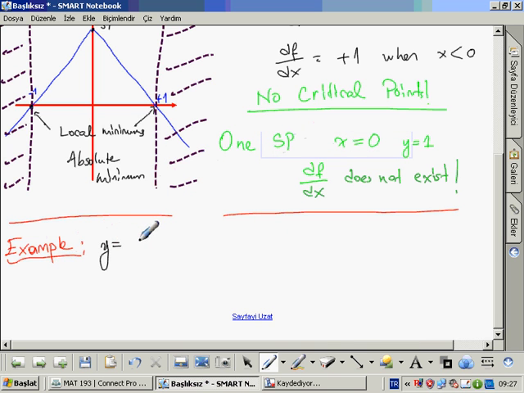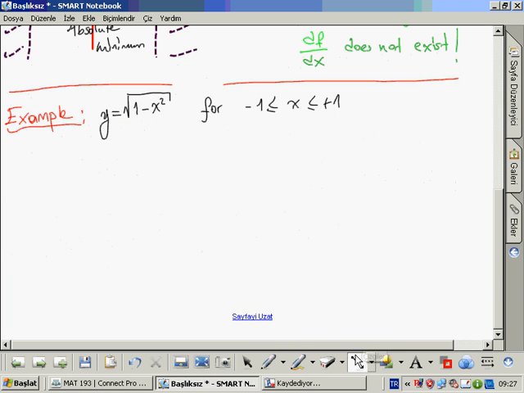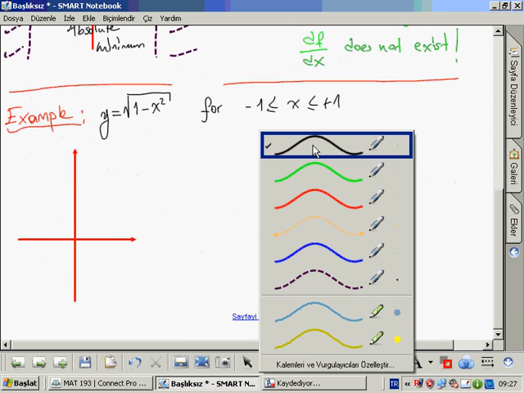If y equals the square root of 1 minus x squared, for minus 1 less than or equal to x less than or equal to plus 1, let me sketch this function.